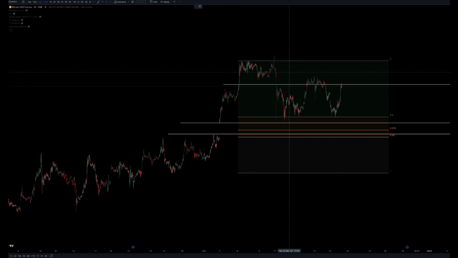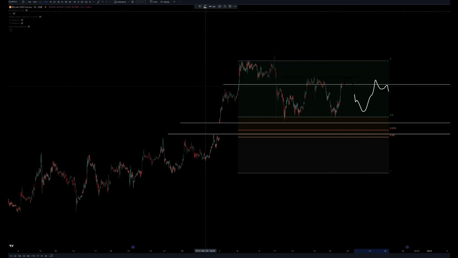So my thoughts at this point are to take some liquidity out here. It can just take that and then come back down and range. Who knows? Squeeze and then break out.